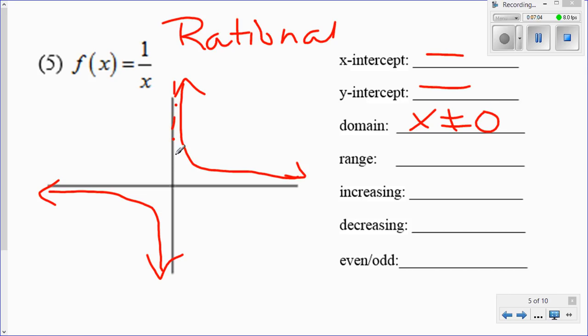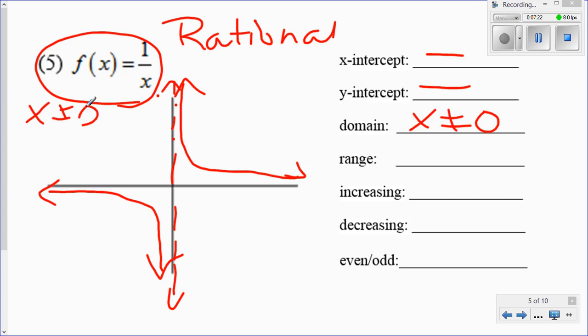It's actually a vertical asymptote, which we will talk about in more detail later. Or you could just look at the function itself, and remember we learned if the function has a fraction bar with a variable in the denominator, then we know that denominator cannot equal 0. So you could look at it either way.